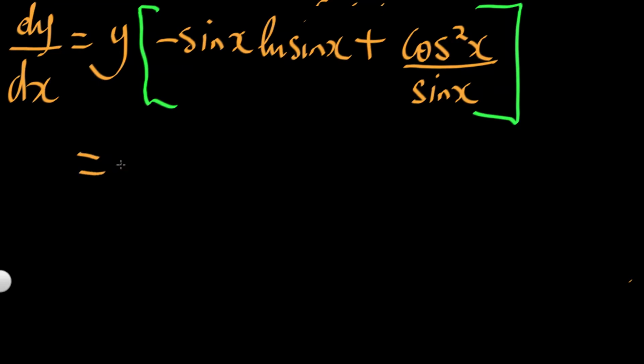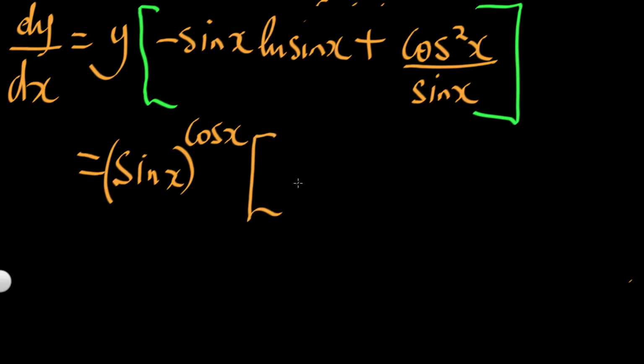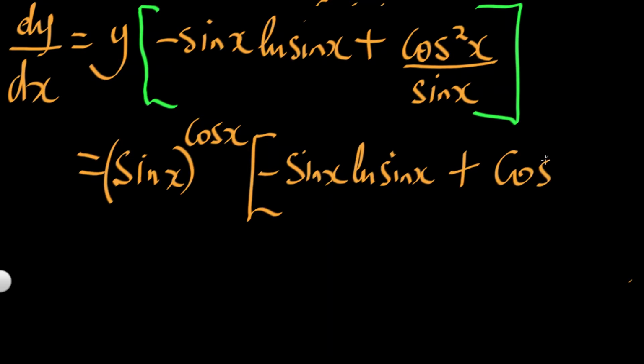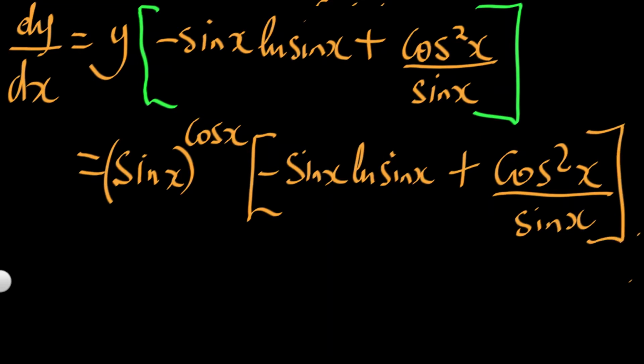It equals sine x to the power of cosine of x in bracket, minus sine x ln of sine x plus cos squared x over sine x, close the bracket.